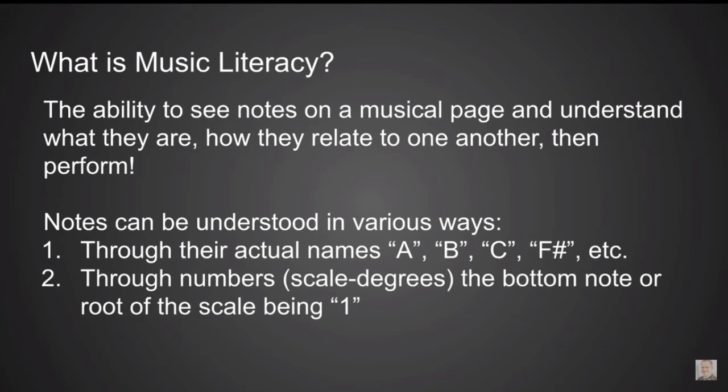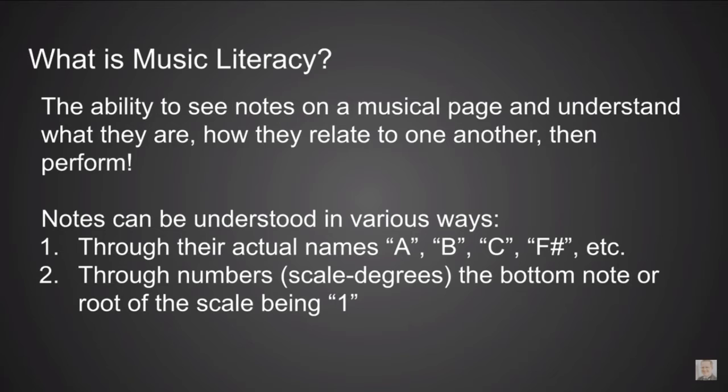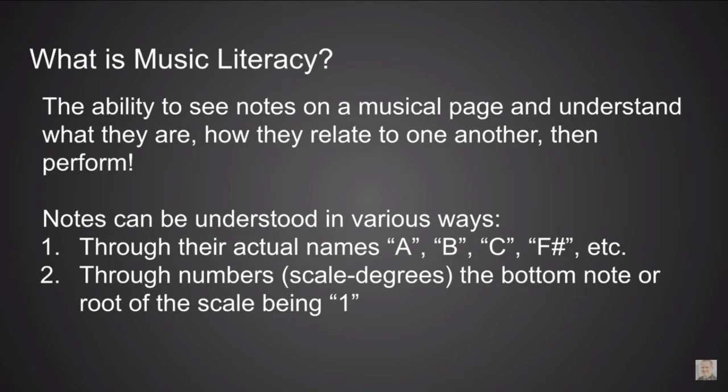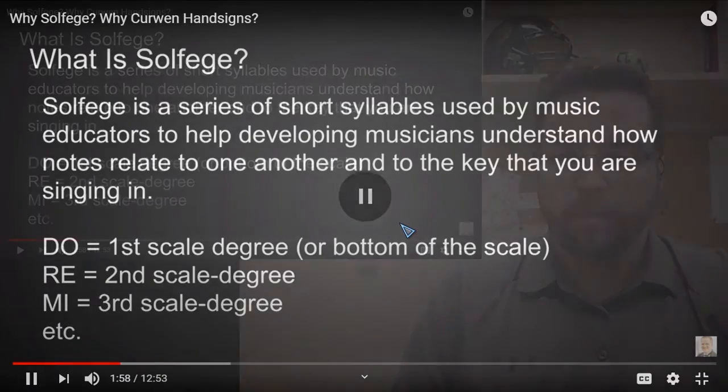For example, if we were to sing C major on numbers, it would go 1, 2, 3, 4, 5, 6, 7, 8. A similar way, and the way that we will use in this video and demonstrate, is called solfege. Solfege is a series of short syllables.